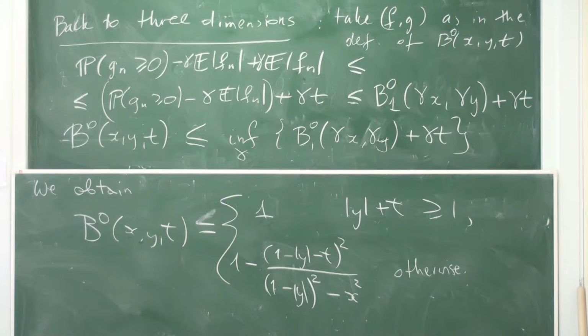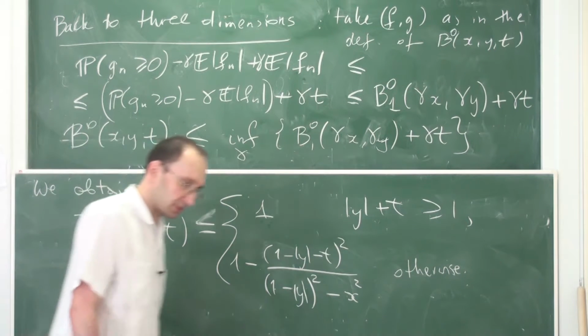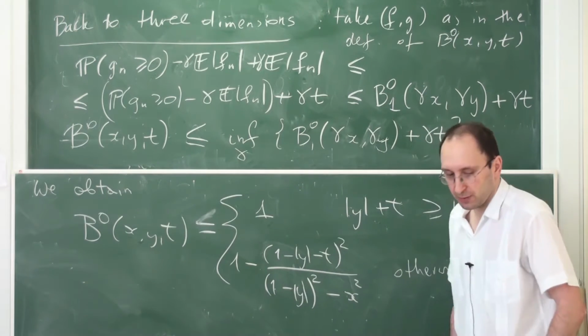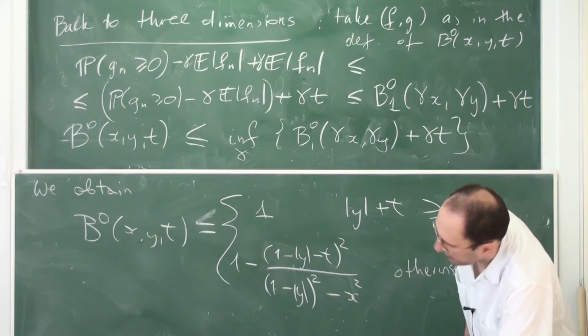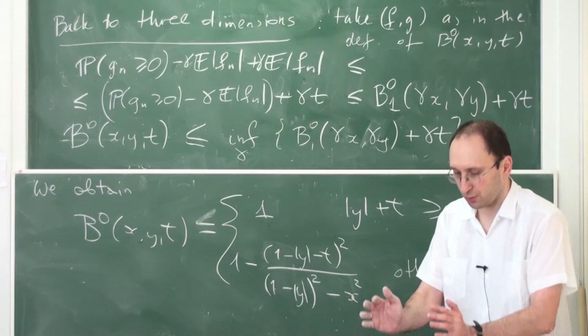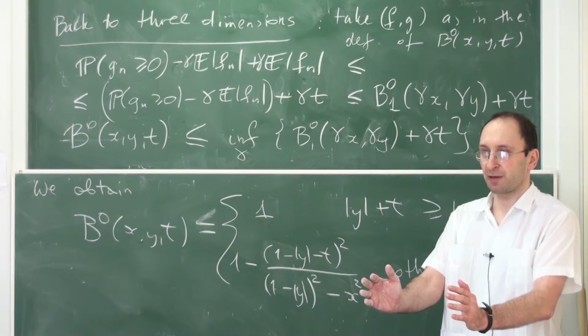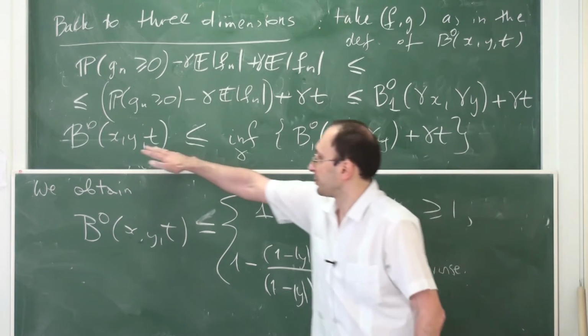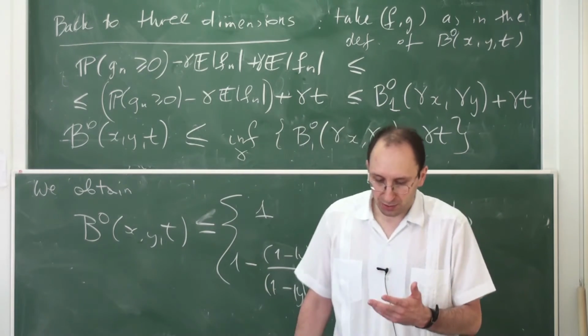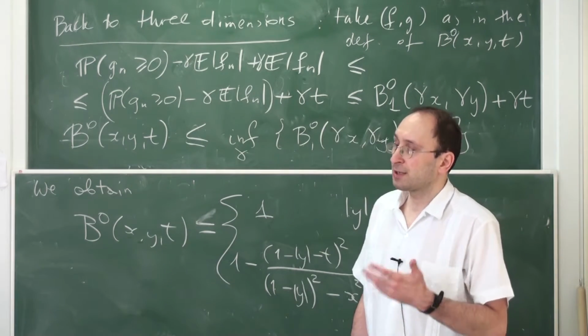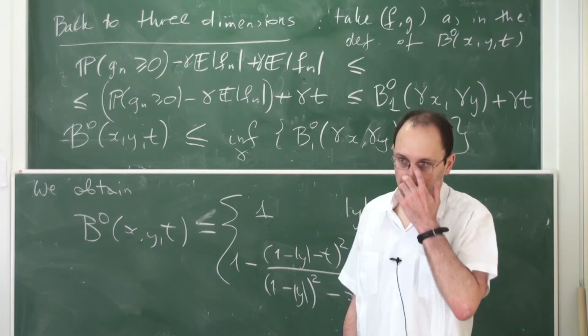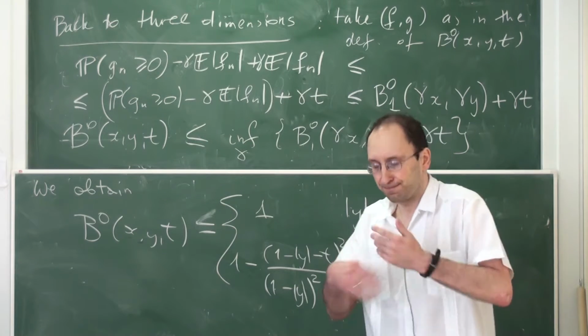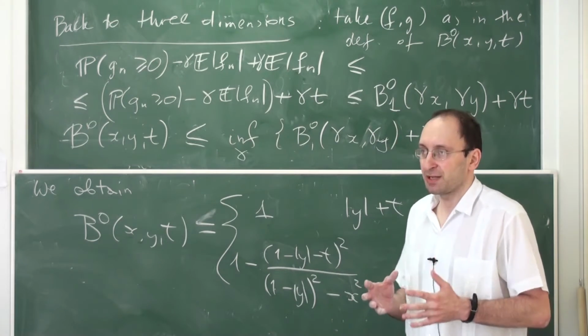Well, perhaps one comment. I think that this comment is really important. You see that the underlying idea of this trick is the following. You have this three-dimensional Bellman function, this B0 here. The point is, you must have some ideas about the extremizers, some candidates for the extremizers. Why?